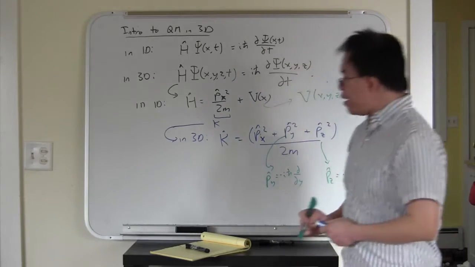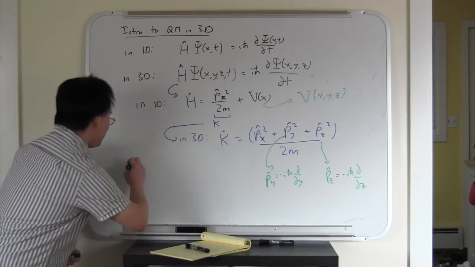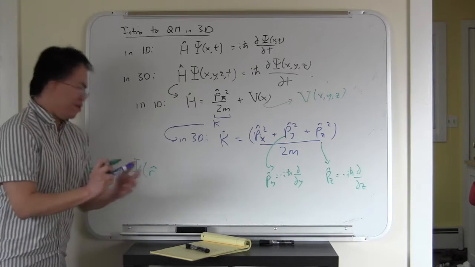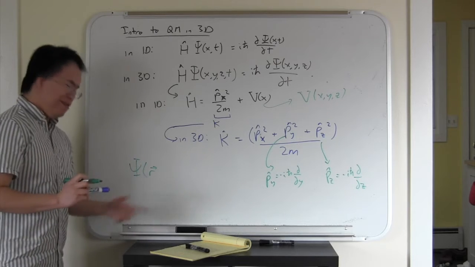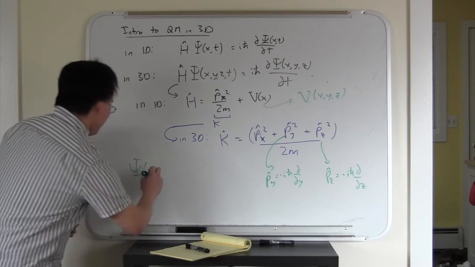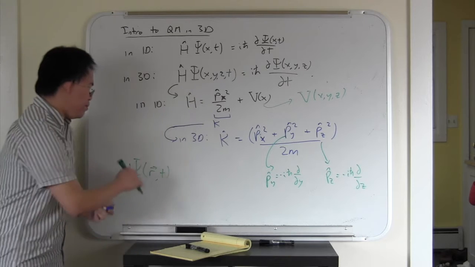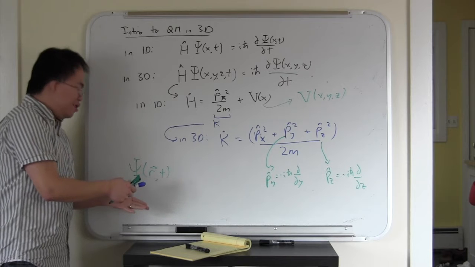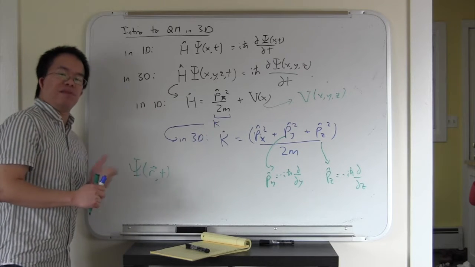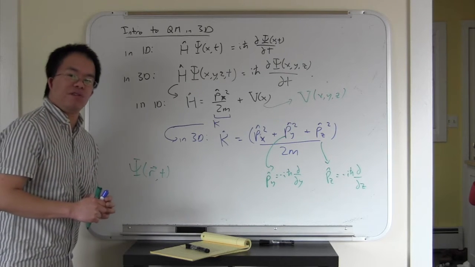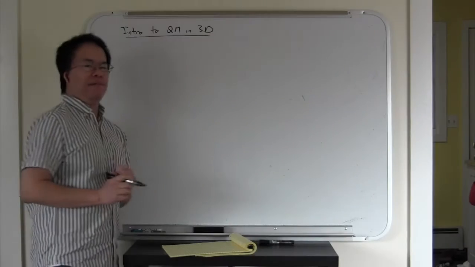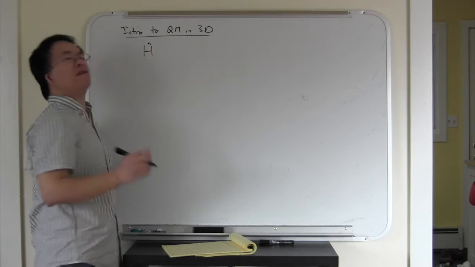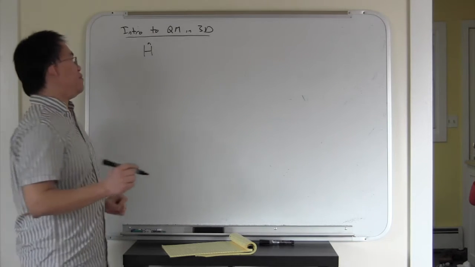We're now prepared to write down the full time-dependent Schrödinger equation in 3D. To save a little bit of writing, I'll write everything in terms of Psi of vector r, where we assume r vector includes x, y, and z. Again, we'll think of it as a full position and time-dependent wave function, as would appear in the time-dependent Schrödinger equation. So let's finish off by writing out the Hamiltonian operator in 3D.